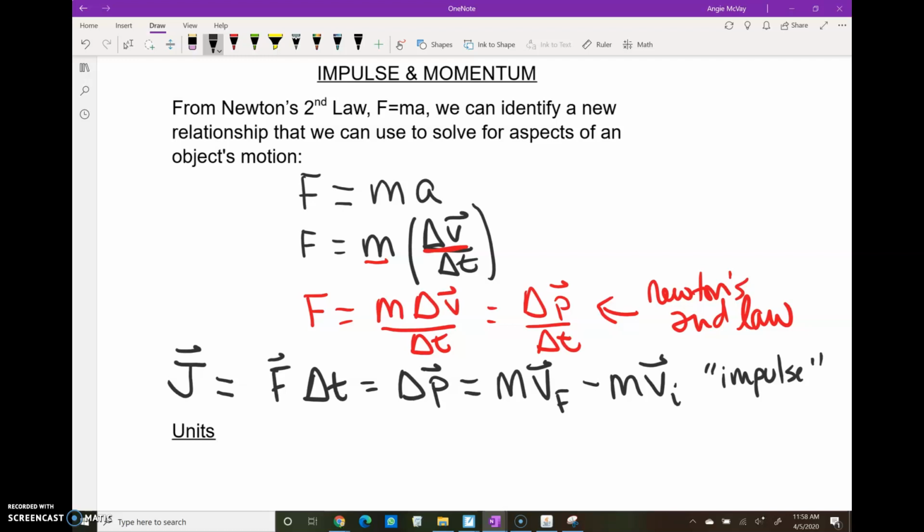All right, what are the units of impulse? Well, force times time is a Newton times a second. What are the units of momentum? Momentum is mass in kilograms times velocity, which is in meters per second.